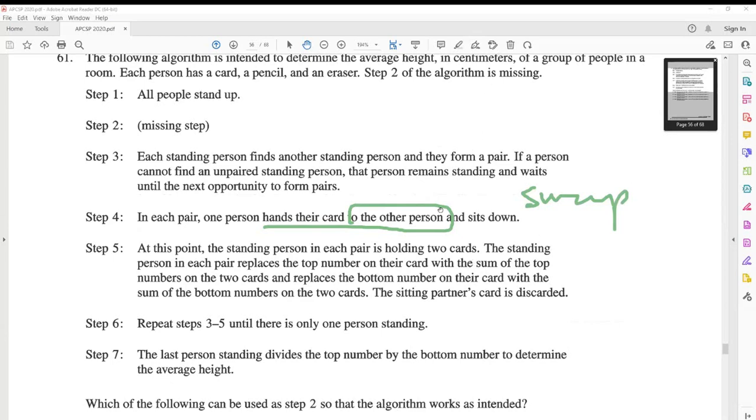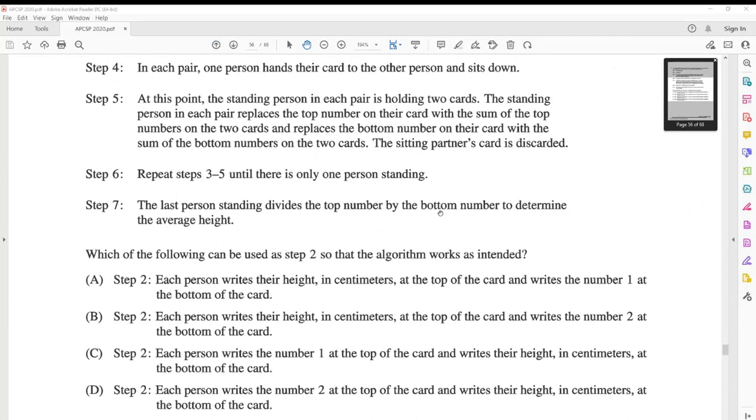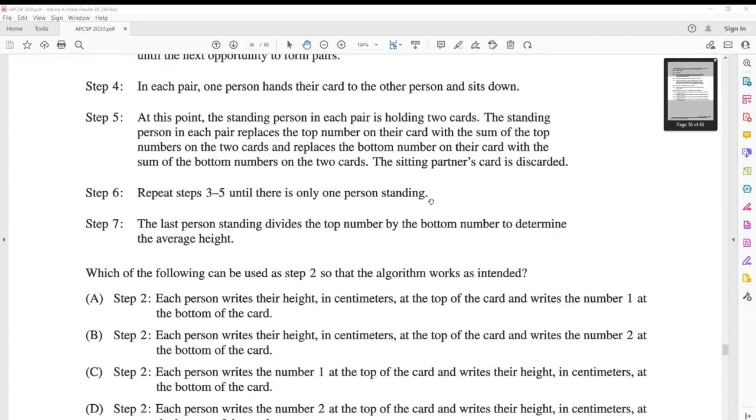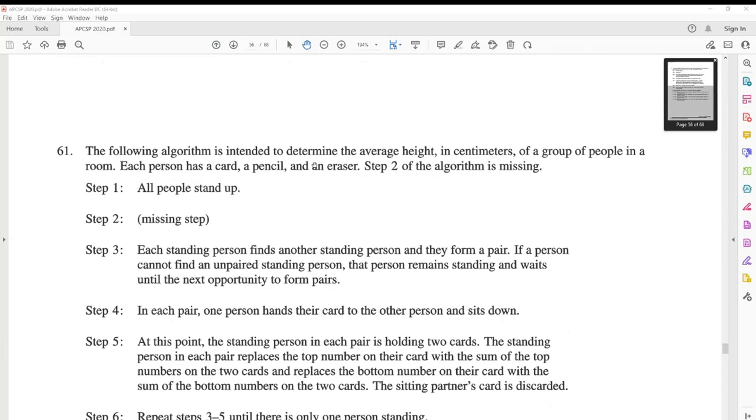Okay, so which of the following can do step 2 as intended? The intended algorithm is to determine the average height in centimeters of a group of people. Each person has a card.